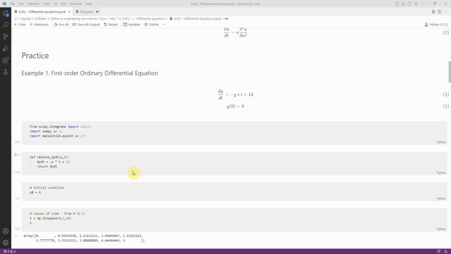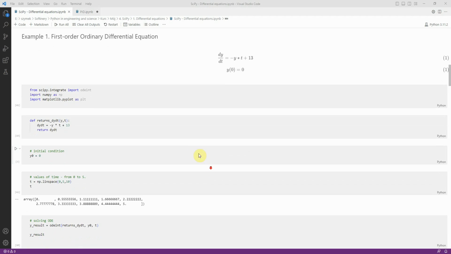You need to remember that it is necessary to use the equation in the presented form, that is dy/dt equals the rest. So the function returns the expression at the right-hand side, in this case minus y by t plus 13.